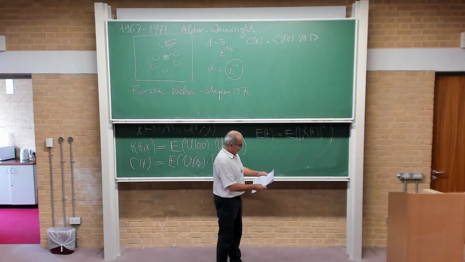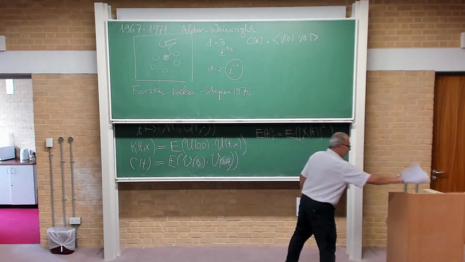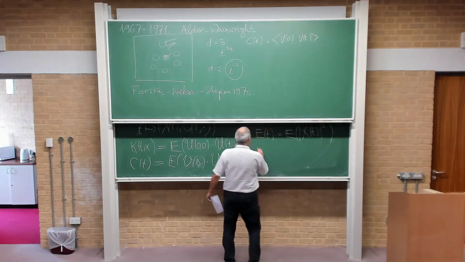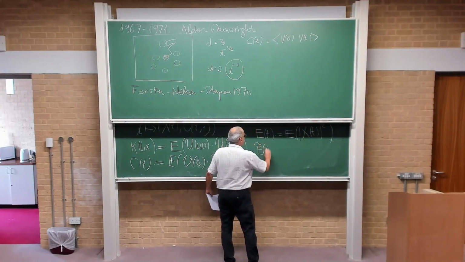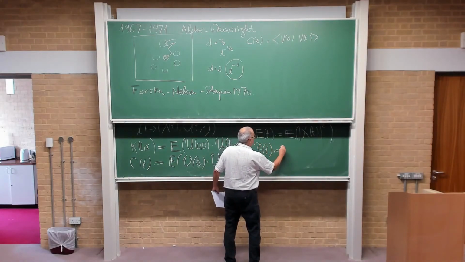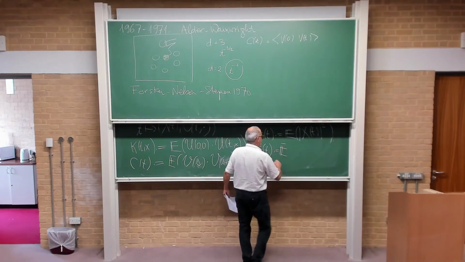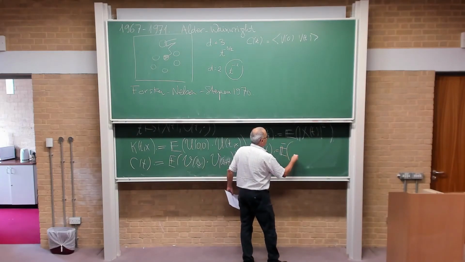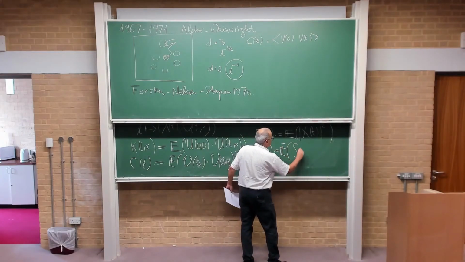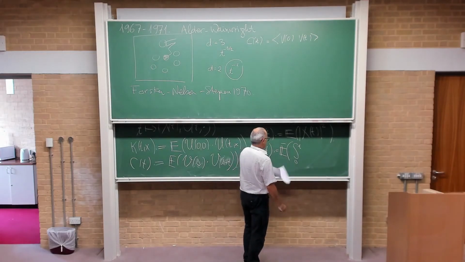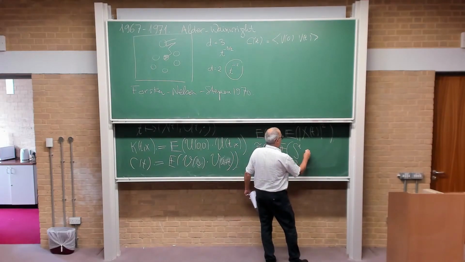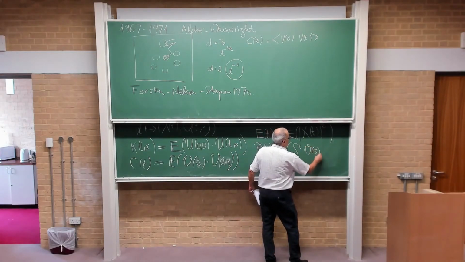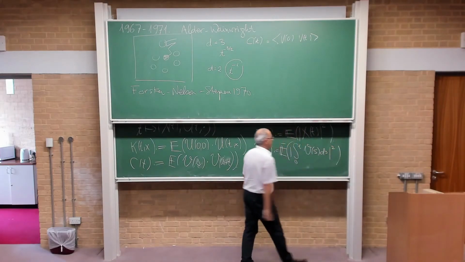And I still have to do something. I denote by E tilde, it's almost the same, and actually I will think about them as the same, but they are not quite the same, the integral from 0 to t of V_s ds, squared.